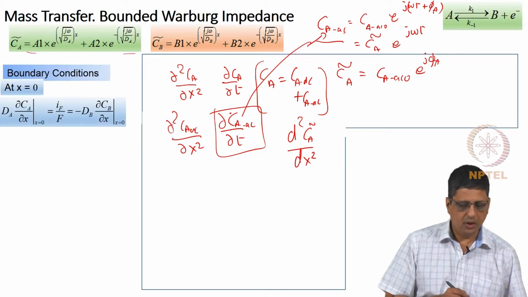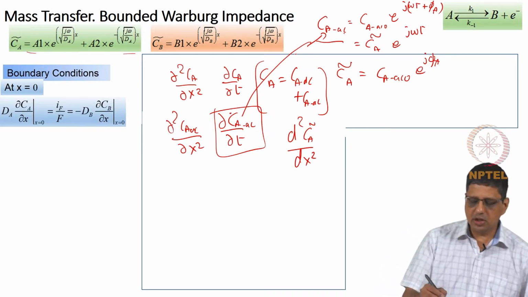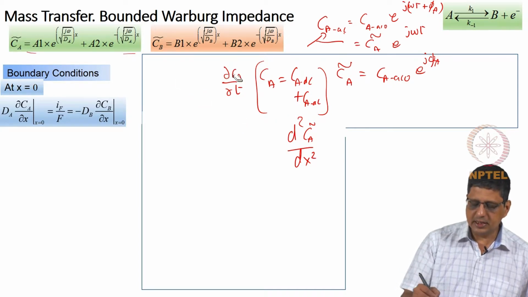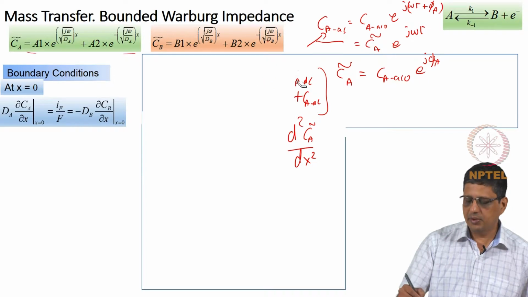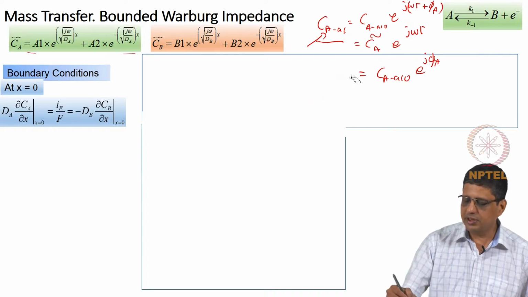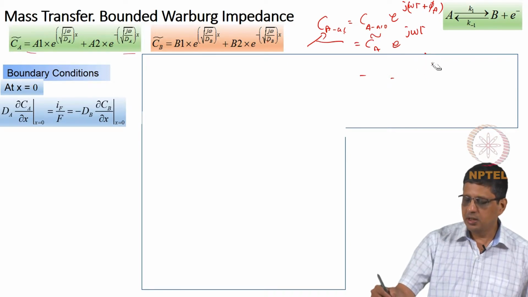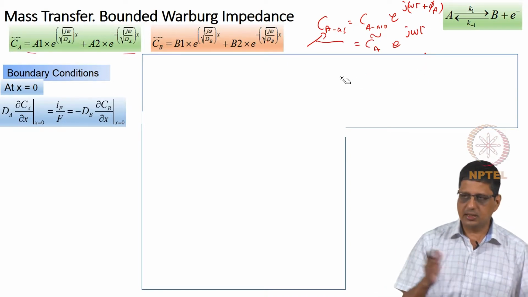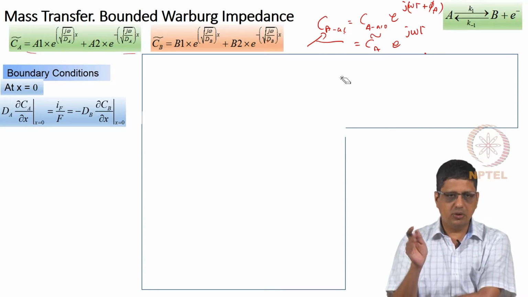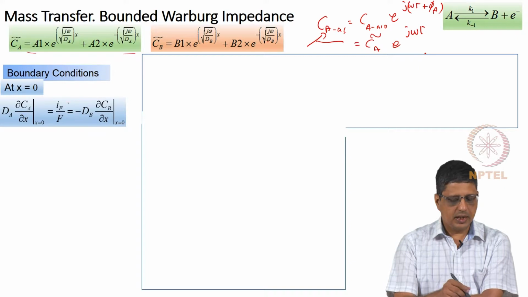Now, we want to say at x equal to 0 the boundary condition is the same, that is the flux of this A species tells us how much current is coming through it, how much Faradaic current is there, and that is also related to the flux of the species B. Just the sign is opposite because A comes in, it gets converted to B, therefore, B goes out at the anodic potential.